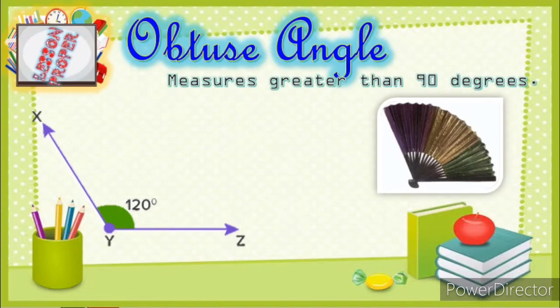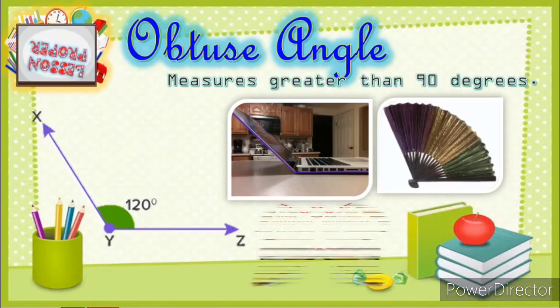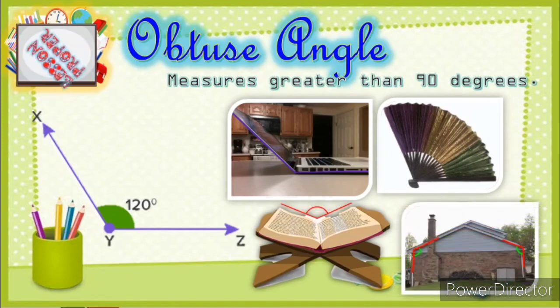Is 120 greater than 90 degrees? Excellent! Therefore, 120 degrees is an obtuse angle. Like for example, this figure. First, second, third, and fourth. These are all examples of obtuse angle.